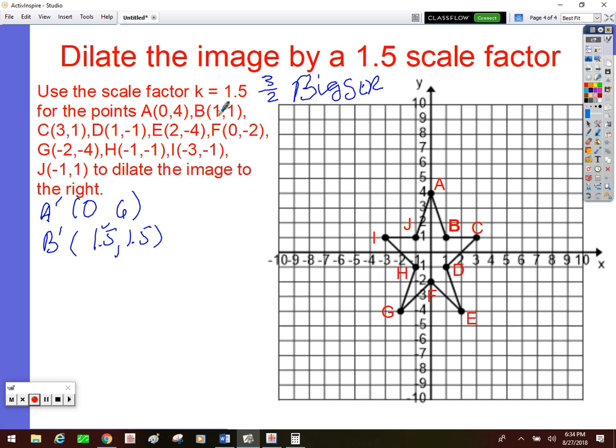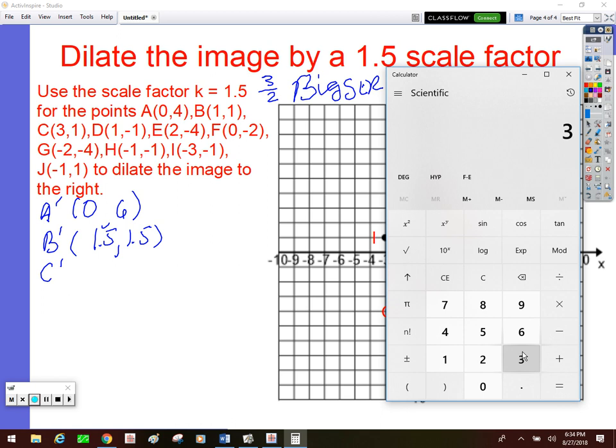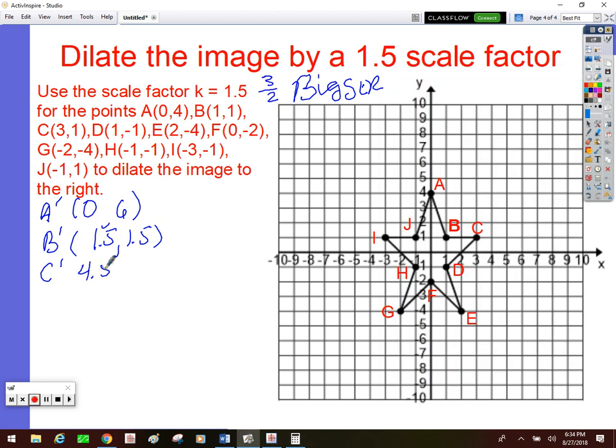All I did was 1 times 1.5 and 1 times 1.5. All right, C prime, we have 3 times 1.5. So 3 times 1.5 is 4.5. And we've already done 1, so we have 1.5. Again, there's no need to do it twice. You've already done it, okay?